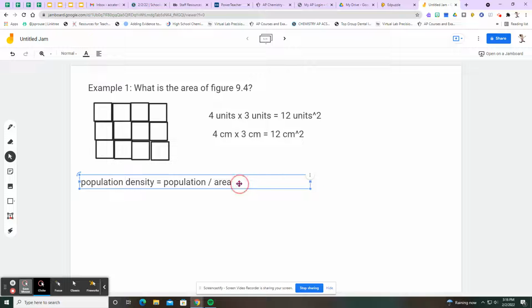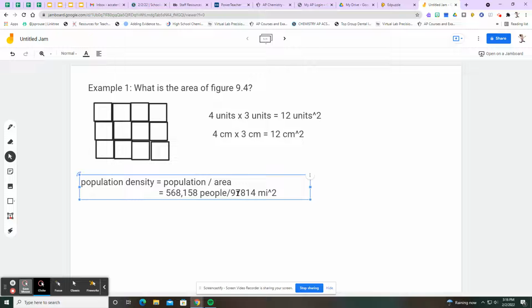So for this particular problem, the population density is going to be equal to 568,158 people divided by 97,814 miles squared.